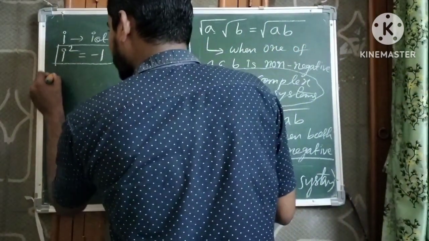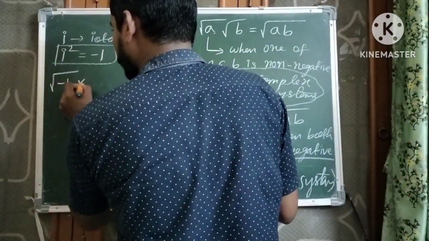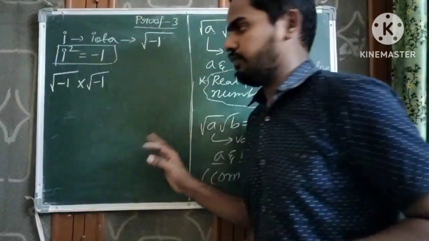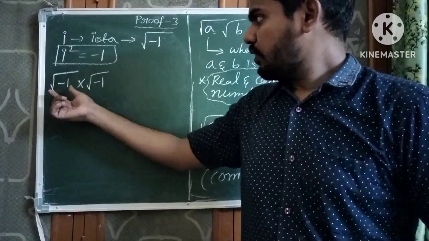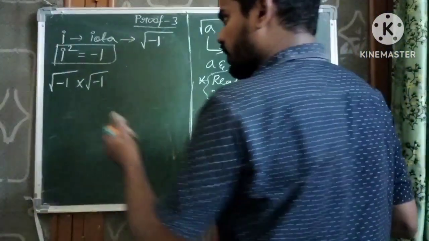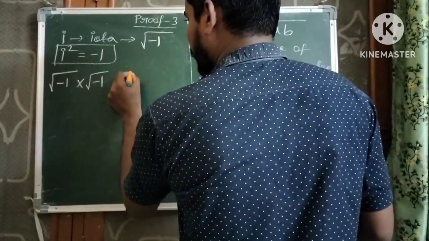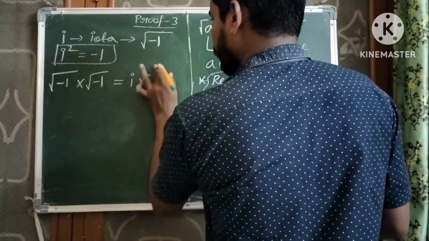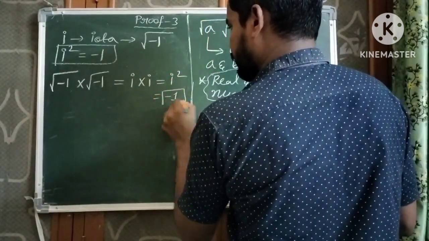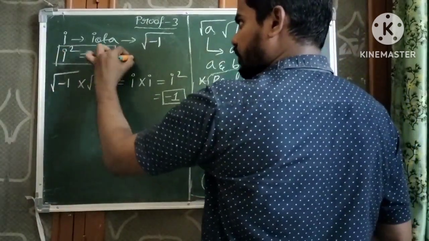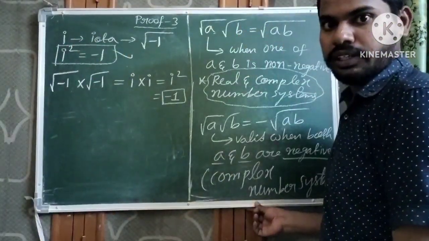Suppose we need the answer for this question: root over minus 1 into root over minus 1. In general, if you consider iota, i into i is i square, and the value is minus 1. This is a fixed value in the complex number system.